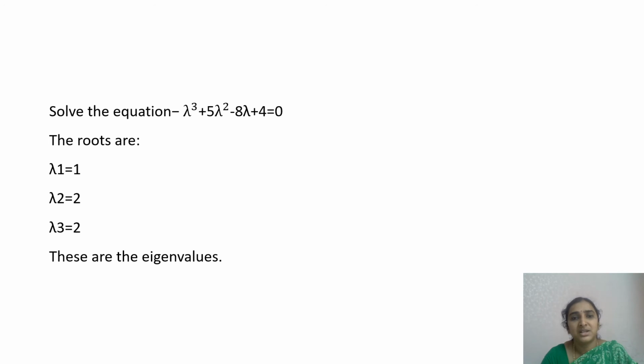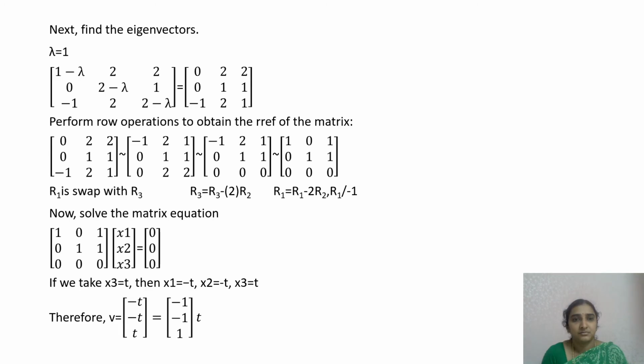Solve the equation minus lambda cube plus 5 lambda square minus 8 lambda plus 4 is equal to 0. The roots are lambda 1 would be 1, lambda 2 is 2 and lambda 3 is equal to 2. These are our eigenvalues. Now let us find the eigenvectors for the given eigenvalue.